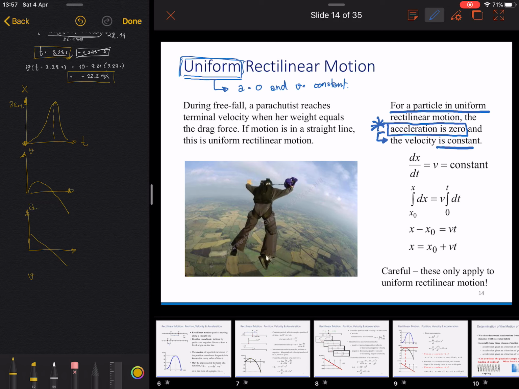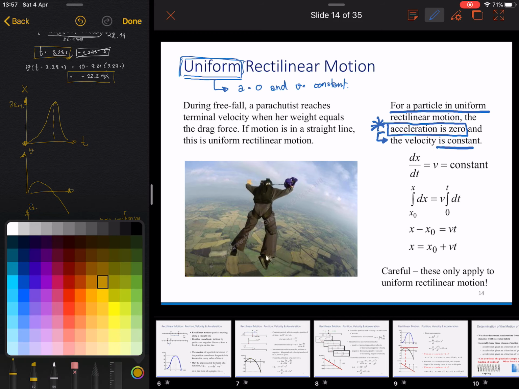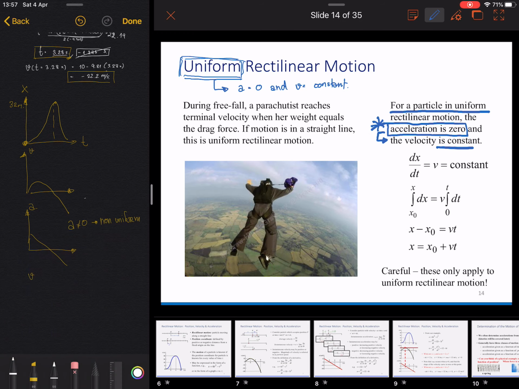Okay, this means the acceleration is not equal to 0, so non-uniform. If it is really uniform, the graph should be like this. The acceleration is 0, and velocity maybe is somewhere here, constant.